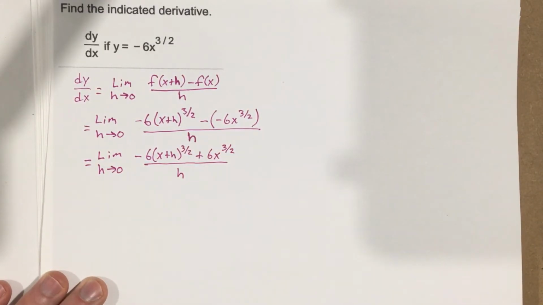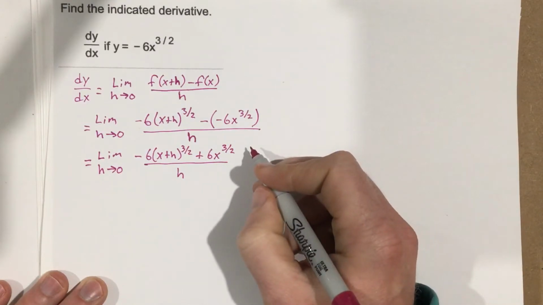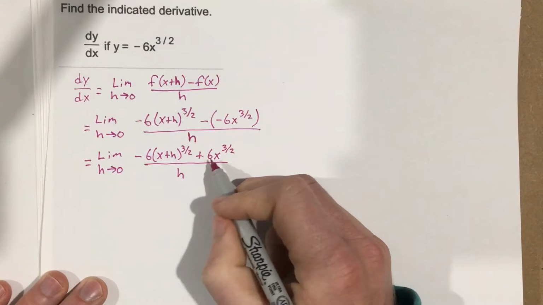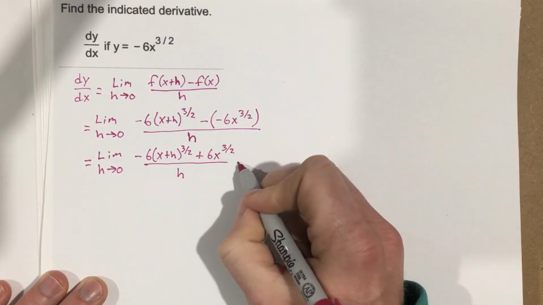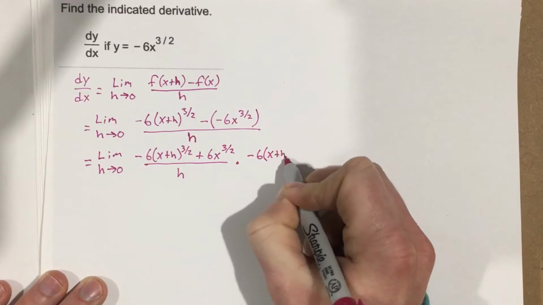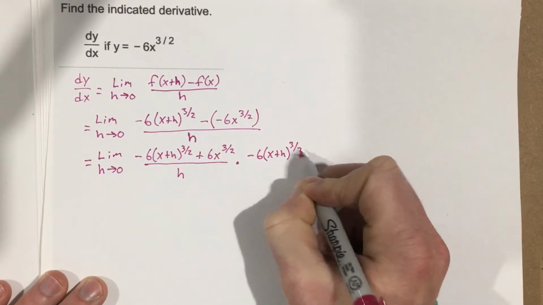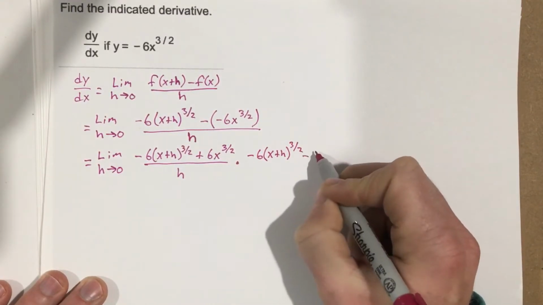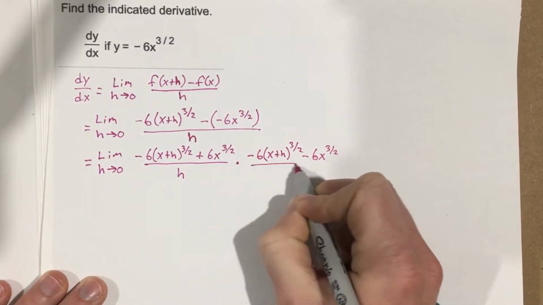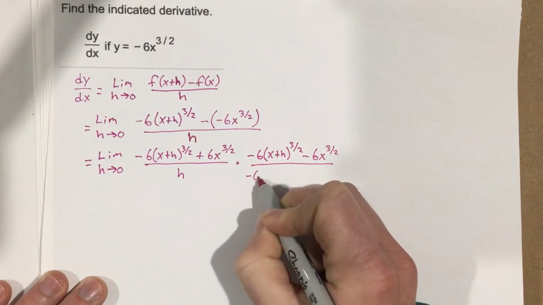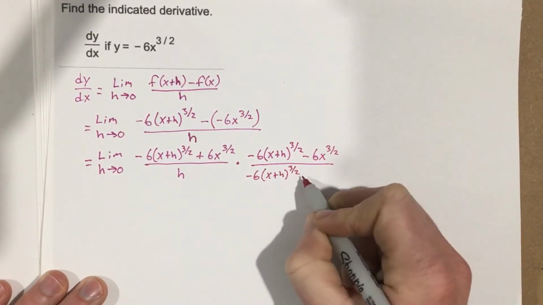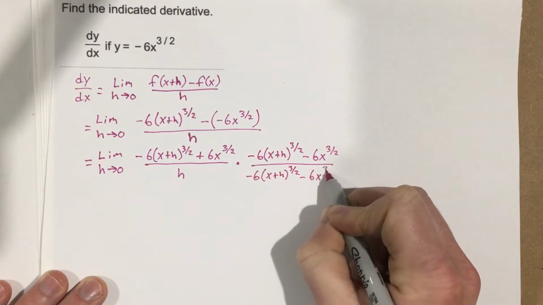So I think the piece to unlocking this puzzle essentially is to multiply by the conjugate. We're going to multiply by negative 6 x plus h to the 3 halves, and we'll switch the sign and make that a negative 6x to the 3 halves over negative 6 x plus h to the 3 halves minus 6x to the 3 halves.